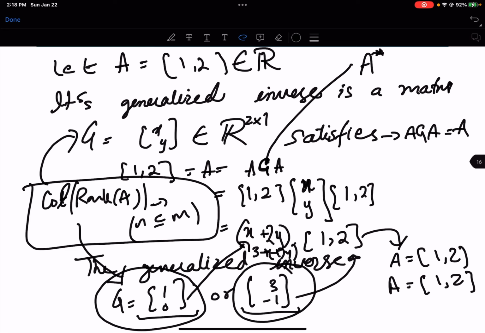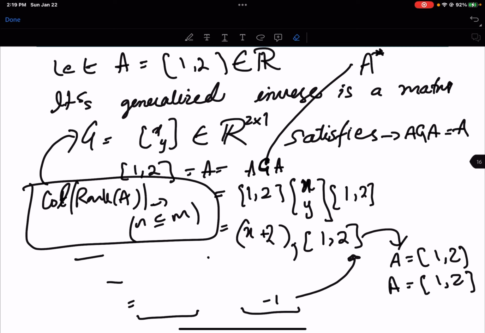Otherwise, it can have multiple inverses for the same matrix. So let's see. We can have two generalized inverses for the same matrix A.